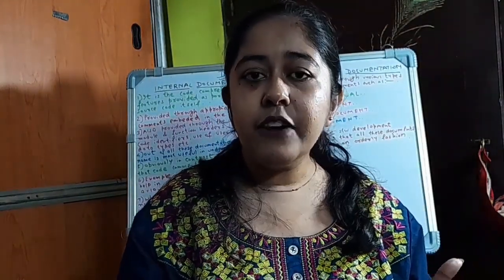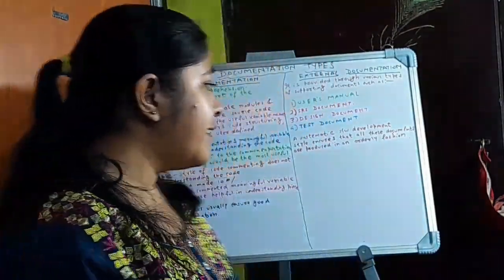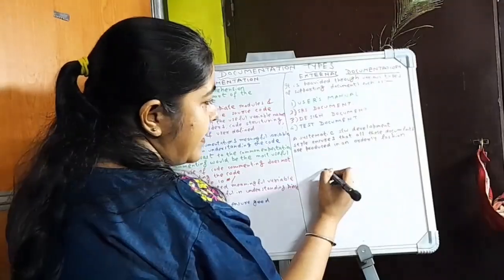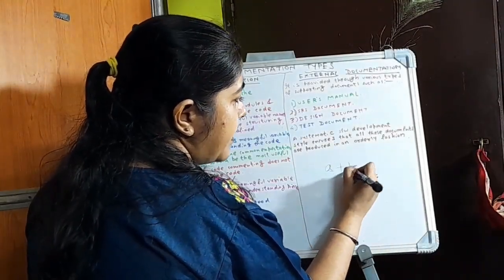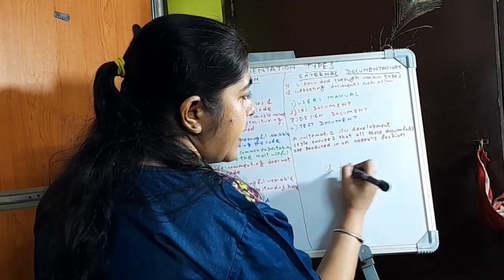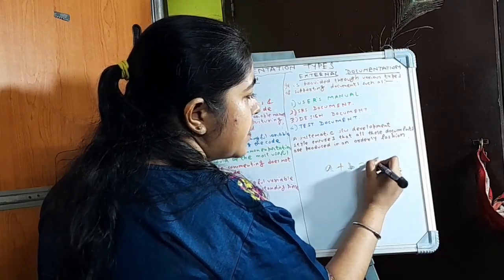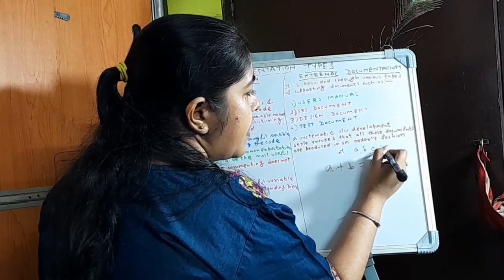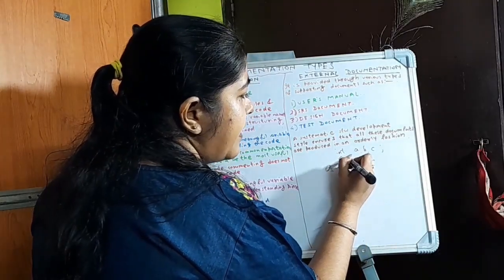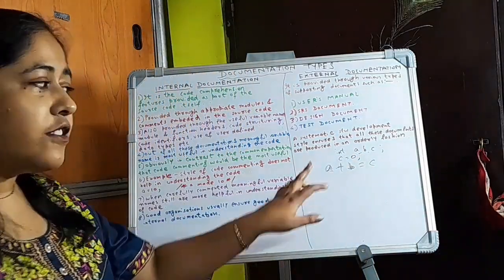The operational part is like, suppose I am writing A plus B equals C. If I am writing an integer part, that is A, B, C, and again I am initializing C equals to 0. So this kind of thing is done.